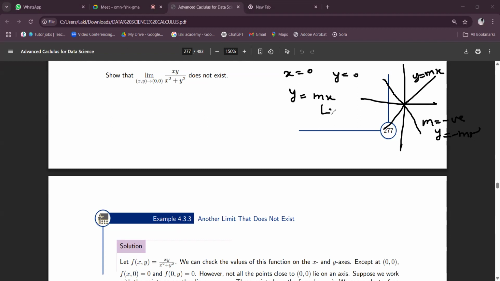M is what? Slope. It may be positive or negative. So replace y is equal to mx. You will get, if y is equal to 0, then x will be 0, right?